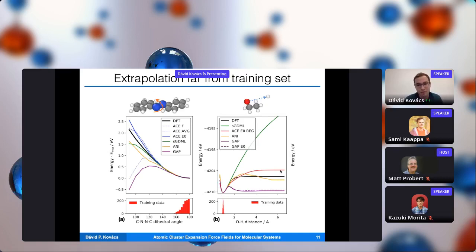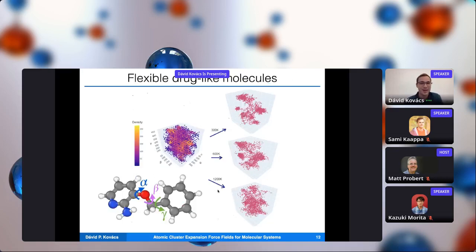Obviously, it's not getting the energy right in the limit because it has never seen a radical, but we can still see that ACE is nicely and smoothly extrapolating, capturing the correct physics that it has no chance of seeing. This is the sampling of this OH distance in the training set. You can see it's only down here. All of the models do very well where the training is, but ACE is the one that most physically and most smoothly can extrapolate into asymptotic limits.